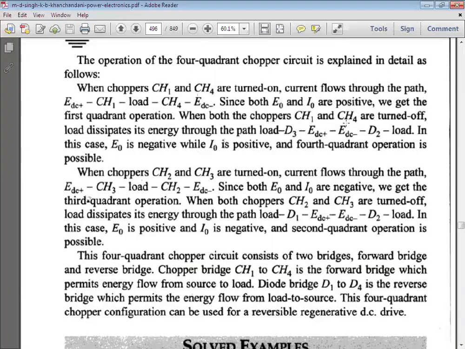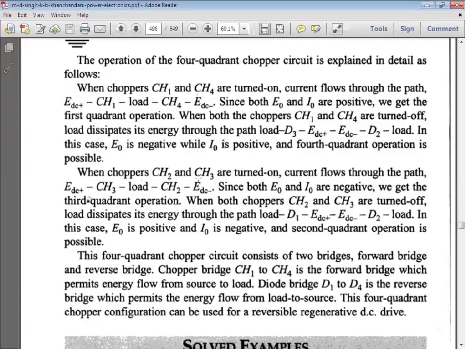When both the choppers are turned off, the load dissipates the energy through the path load, D3, EDC positive, EDC negative, D2 and again the load. In this case, E naught is negative but I naught is positive, which is the fourth quadrant operation. Now chopper 2 and chopper 3 turn on and off simultaneously.